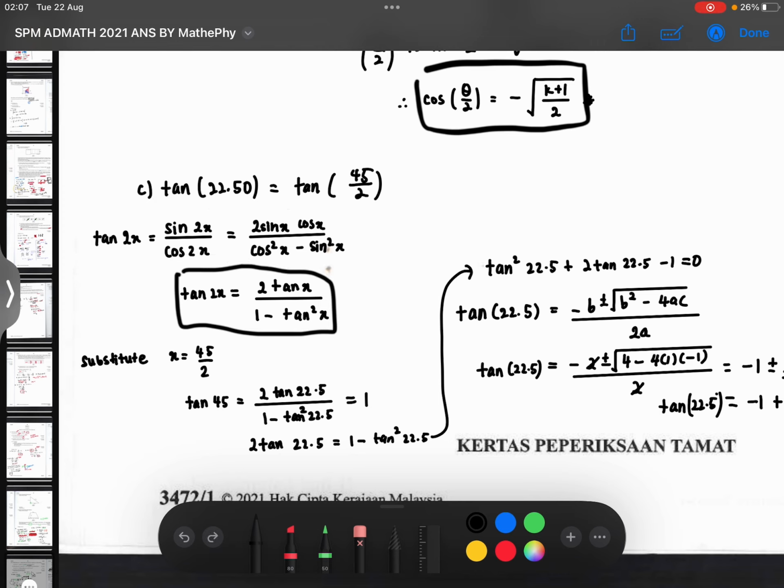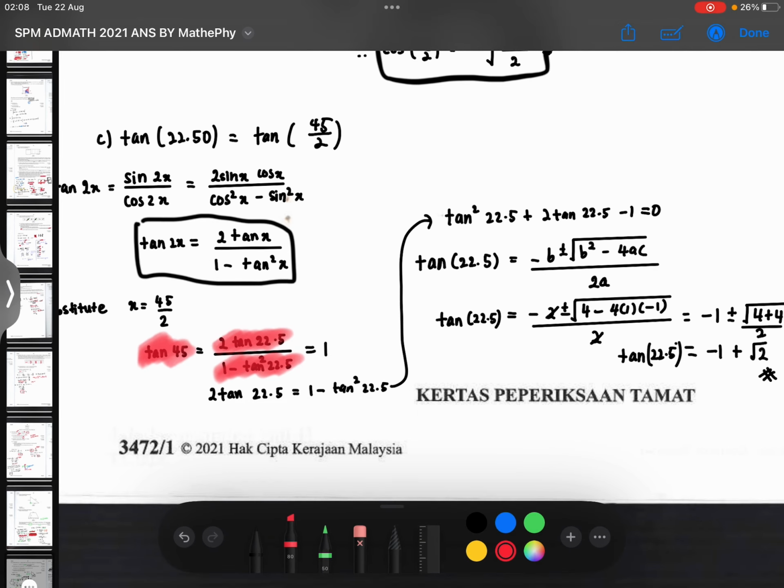So tan 2x is 2 tan x divided by 1 minus tan squared x. I want to substitute x equals 45 over 2. Okay, so I will get tan 45, which is what we want, equivalent to 2 tangent 22.5 divided by 1 minus tangent squared 22.5, equals 1.